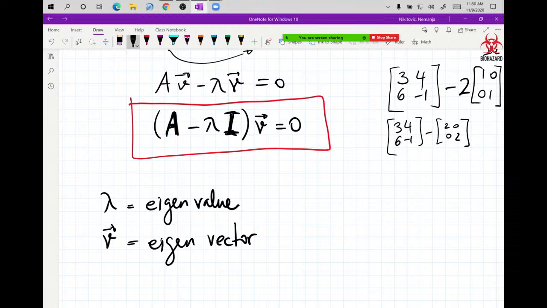Vectors could be constants. Vectors could be functions. Vectors could be trees, right? Now, I'm not sure if I can find an eigenvector for a tree, because generally when you apply a transformation to a tree, it doesn't stay the same tree anymore.